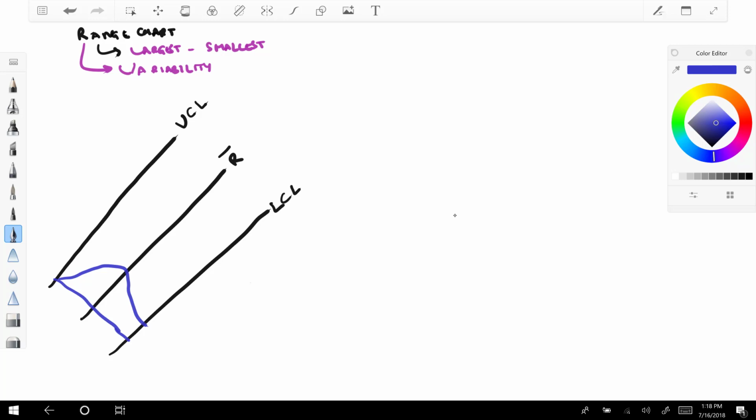Again, if our mean is this one, this would be our range 1 for the sample 1, and this is range 2, R2.